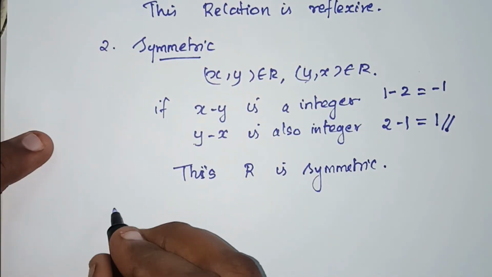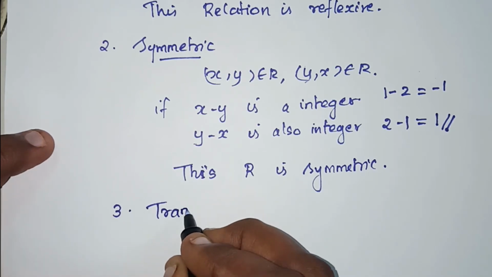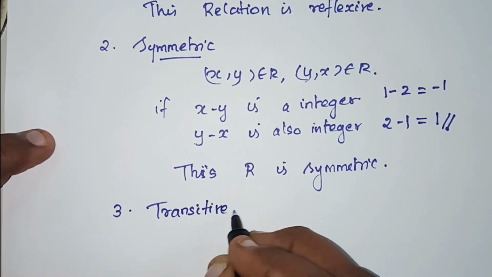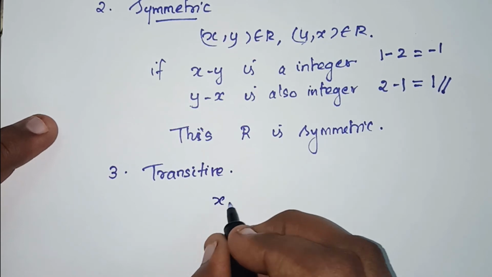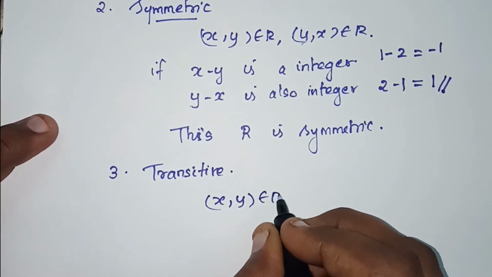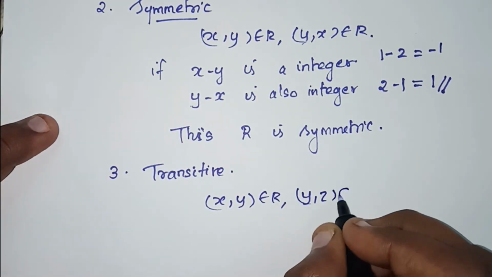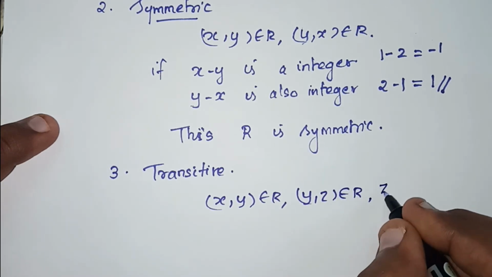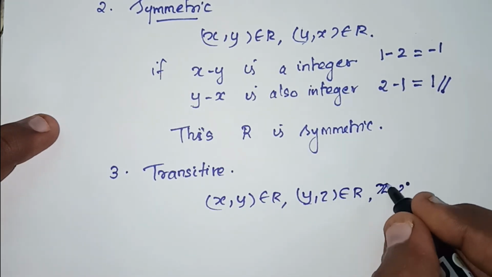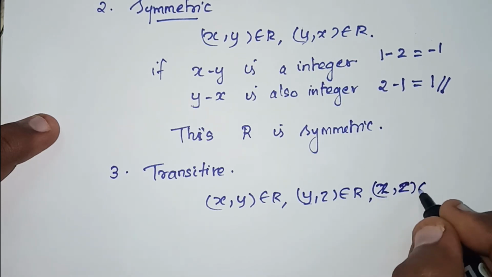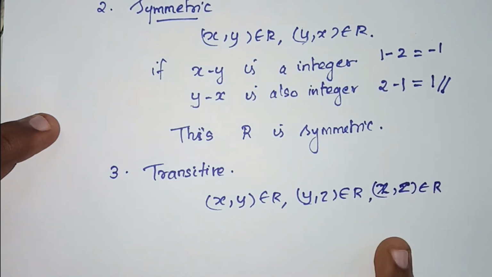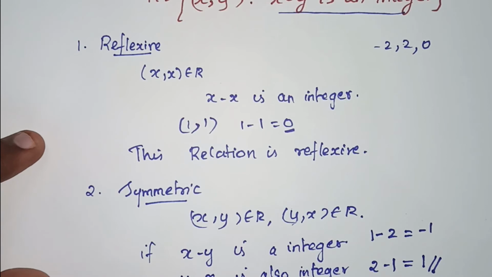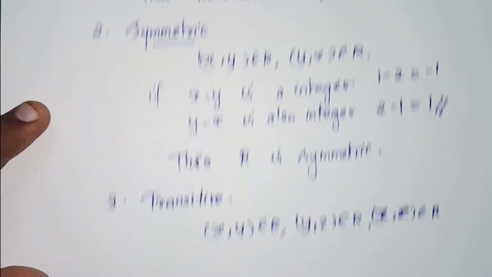Next, transitive property. Transitive property means (x, y) belongs to R, (y, z) belongs to R, implies that (x, z) also belongs to R. This is the transitive property. But here the given relation is x minus y is an integer.